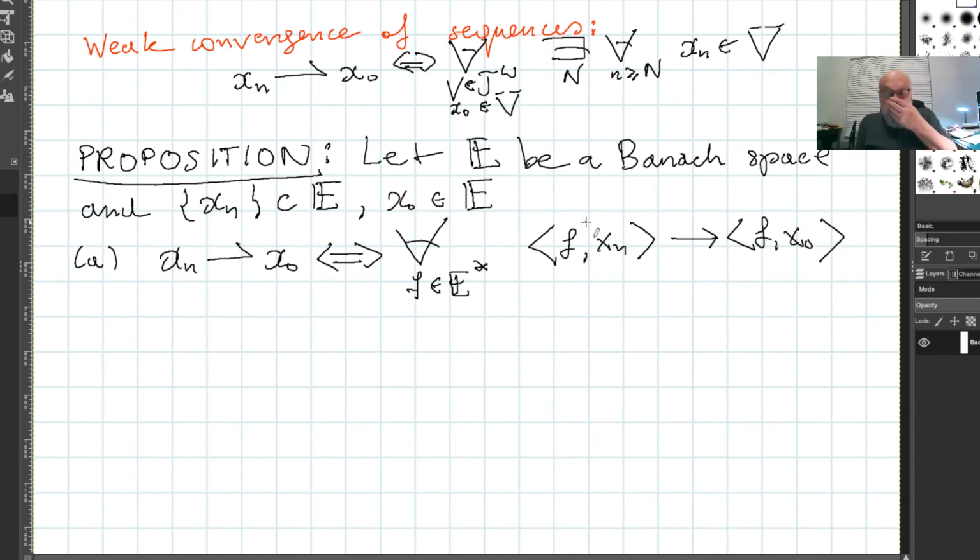And this is basically the definition of the weak topology, because that's exactly what it means.